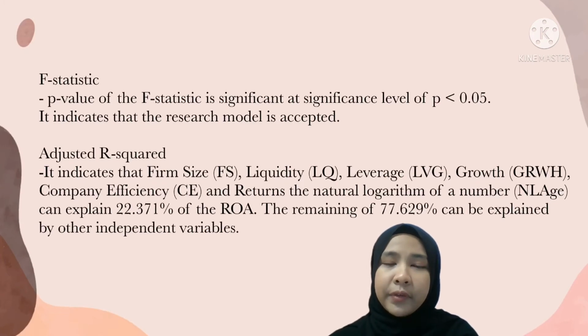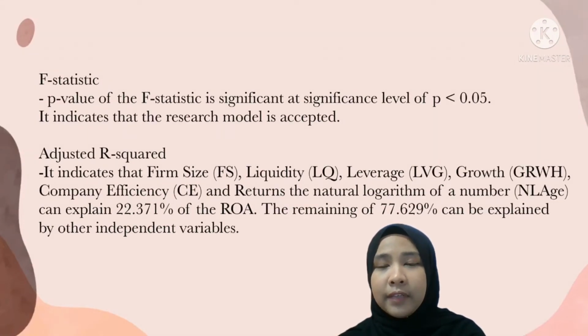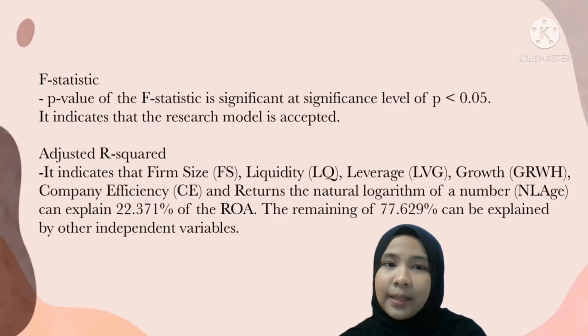We also generated the F-statistic and adjusted R-square. The p-value of the F-statistic is significant at a significance level of p lower than 0.05. It indicates that the research model is accepted.